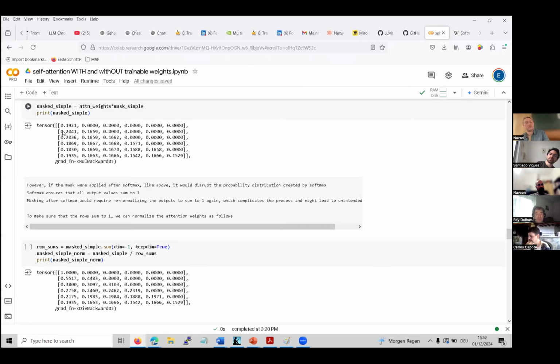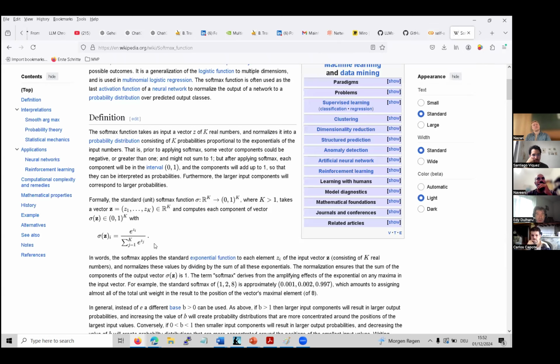These initial values are already biased by the future tokens at the moment we applied the softmax function, because softmax contains the sum of all the elements in the denominator.